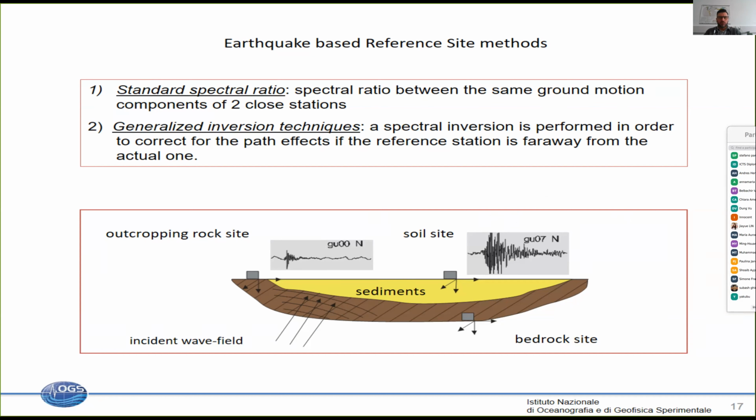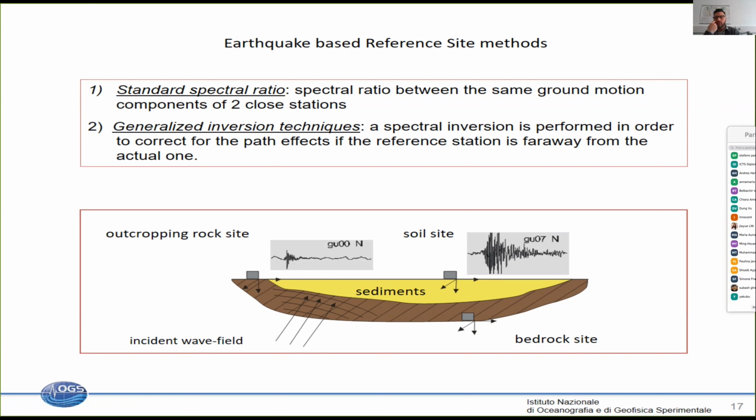When we are dealing with a reference site, the most used method is probably the standard spectral ratio method, where the spectrum of the same component of ground motion, so it can be in general the east-west or the north-south, or a combination of the two horizontal components, recorded with a station at a certain site is divided by the spectrum of the same component or the same combination at a reference site.